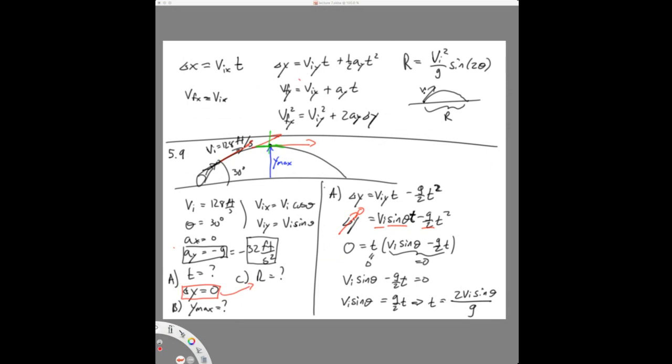So we'll just decide this democratically. Are we going to pick the x equation, delta x, or the y equation, vfy? Which one do you like the best for solving this? Oh, you guys are good. I like that one the best too.